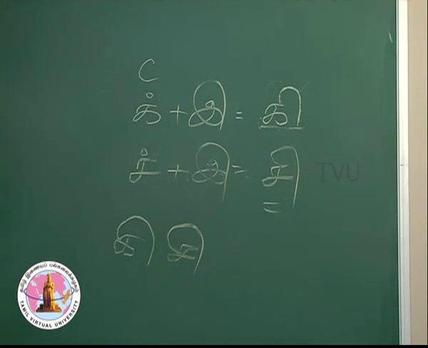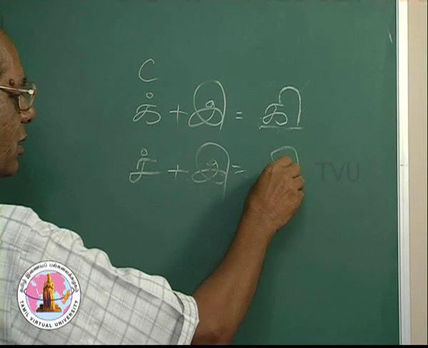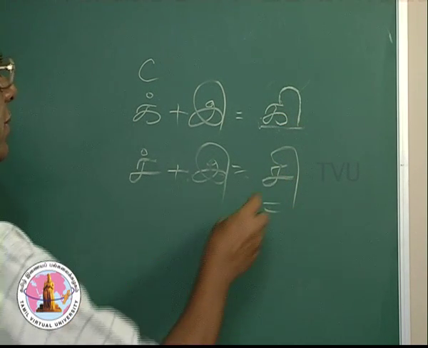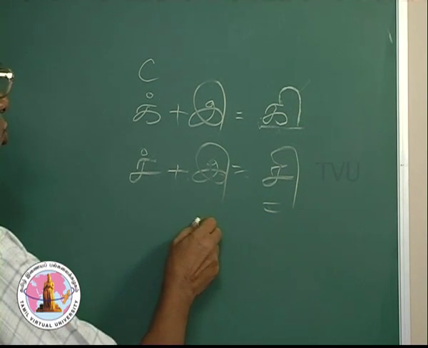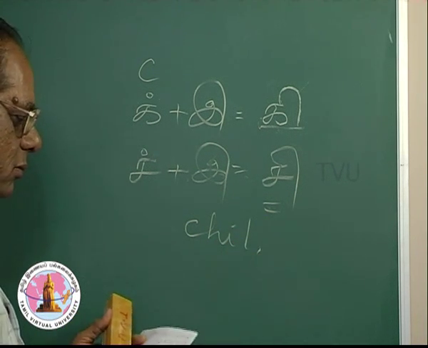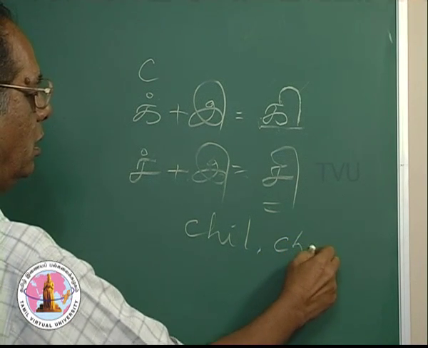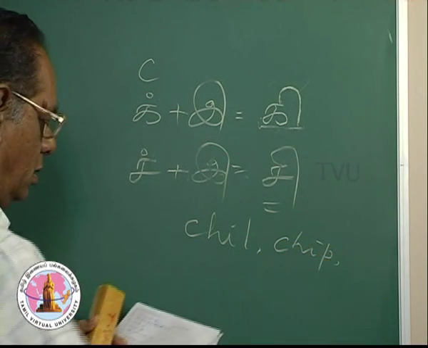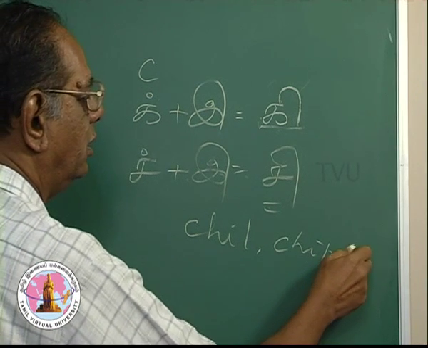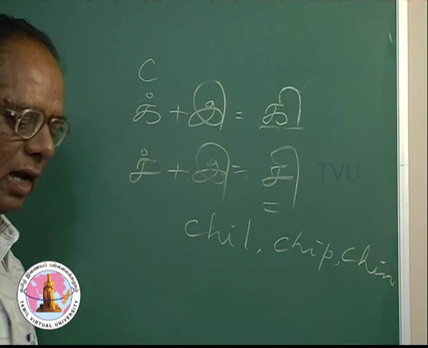Now, they have changed it, and so the starting is done on the right side of the letter. This is chi, as you have in chill, chimp, chip, chin, etc.